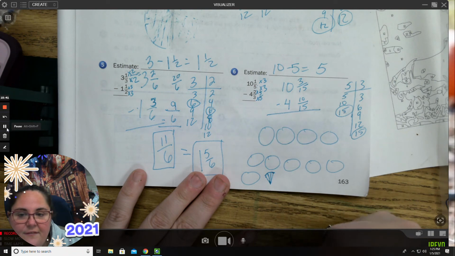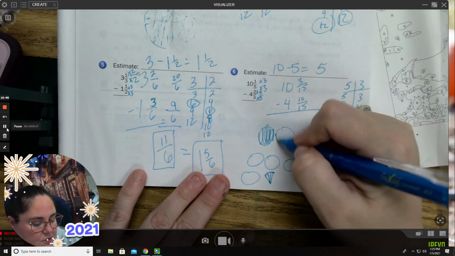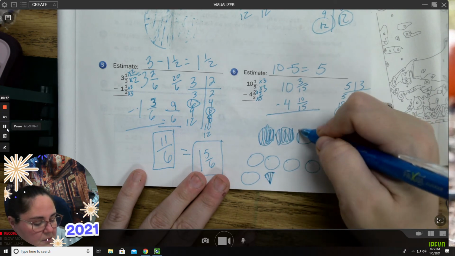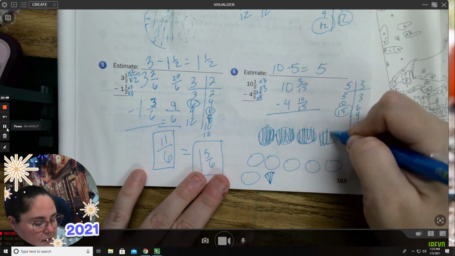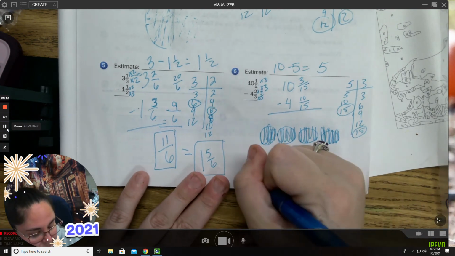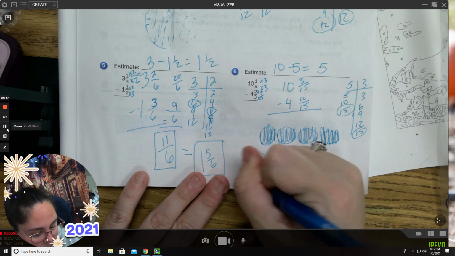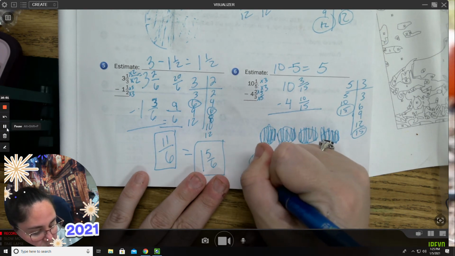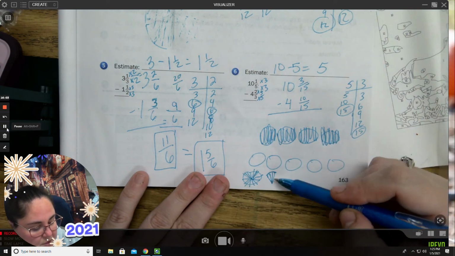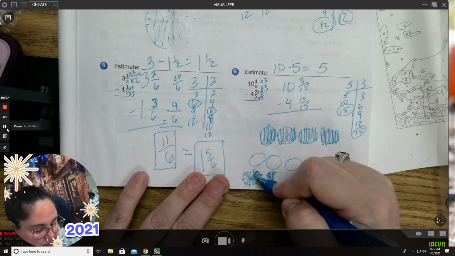Taking away 4 and 10/15. 1, 2, 3, 4. All right, I'm going to separate this into 15ths. 1, 2, 3, 4, 5, 6, 7, 8, 9, 10.